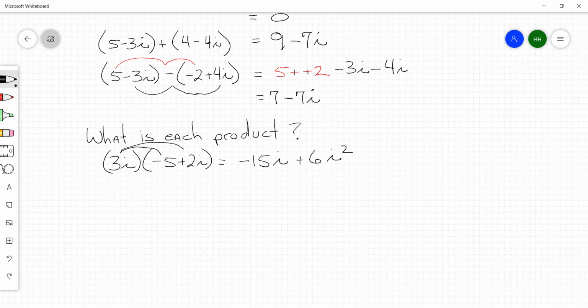Now, i squared is equal to -1. So this is where you got to do some converting. You got -15i plus 6 times -1. So what this product turns into is this 6 times -1, which is -6, minus your 15i. That is your product.